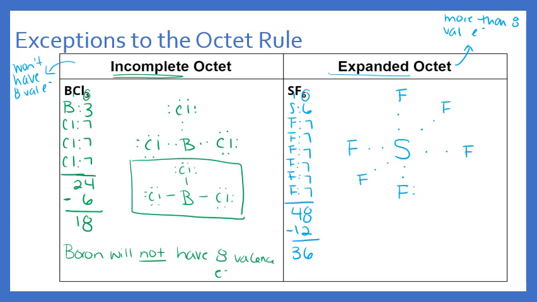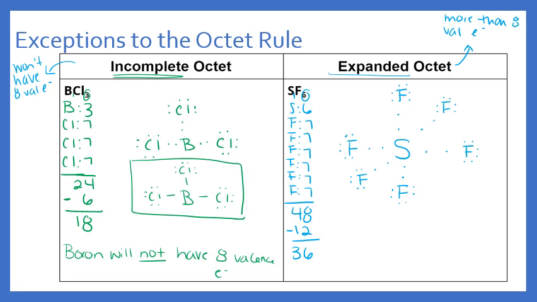So we have 1, 2, 3, 4, 5, 6, 7, 8, 9, 10, 11, 12, 13, 14, 15, 16, 17, 18, 19, 20, 21, 22, 23, 24, 25, 26, 27, 28, 29, 30, 31, 32, 33, 34, 35, 36.